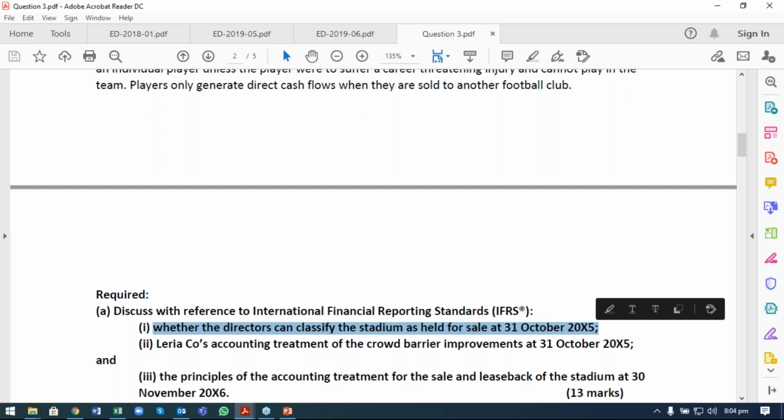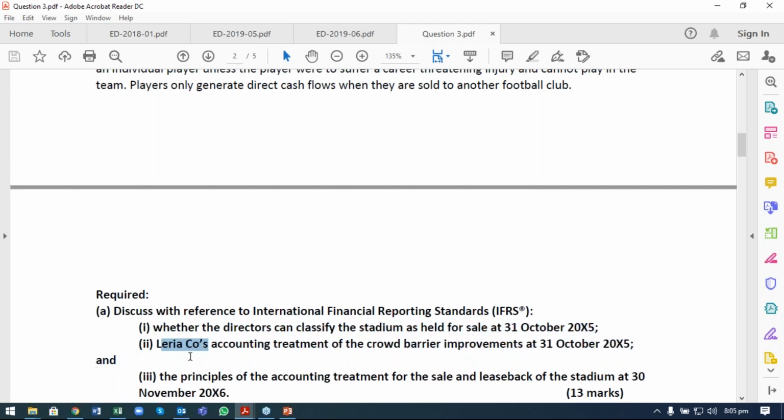But if we look into the details of the contract that was signed by the Laria company, that contract gives you more insight and an idea under which standard it should be specifically accounted for. So this transaction should be accounted for under IFRS 16 leases rather than IFRS 5. So that's the main idea.